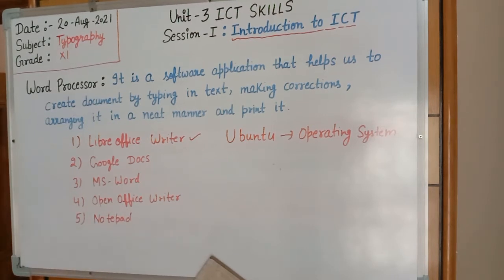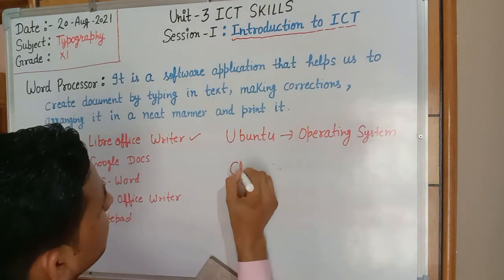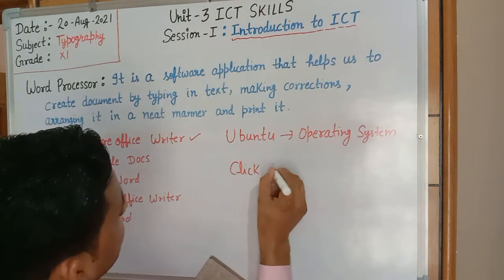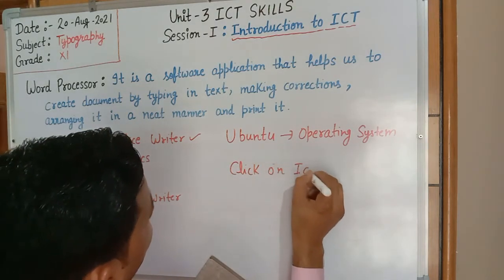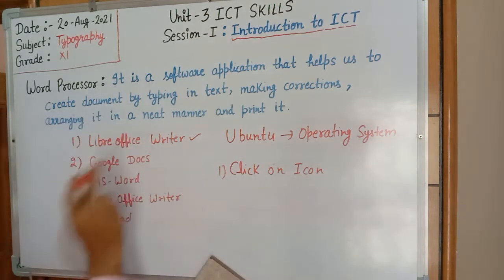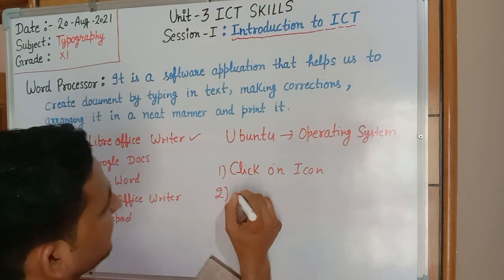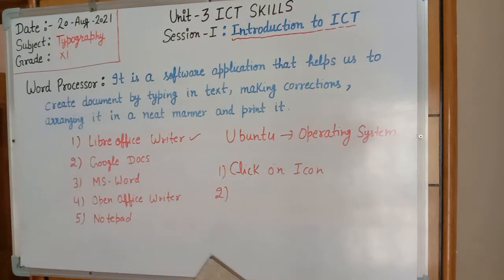How to create a new document? You can start LibreOffice Writer, just click on the icon. It will start. Afterward, for creating a document, you can create a new document in LibreOffice Writer by clicking on the new icon.